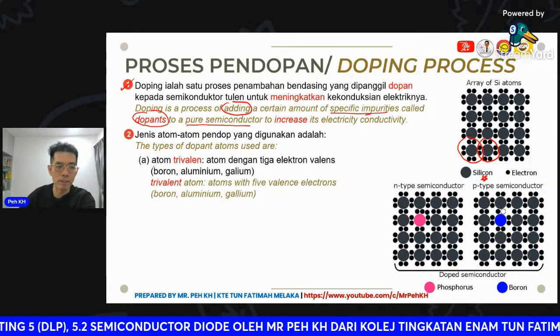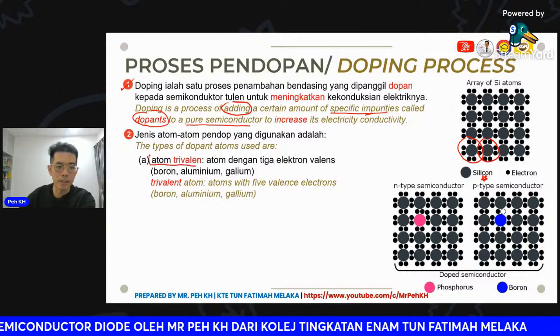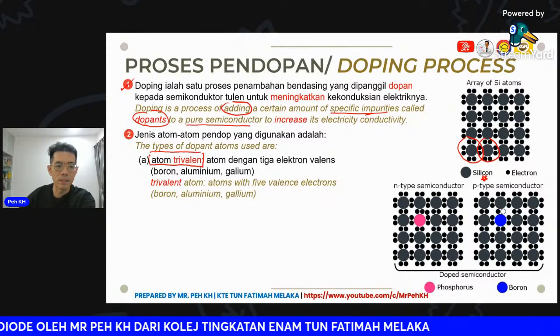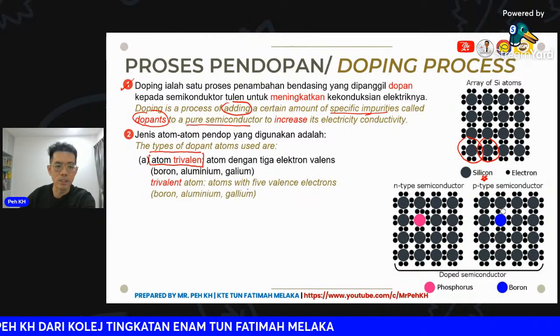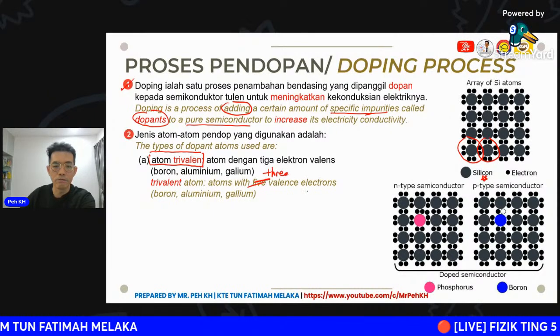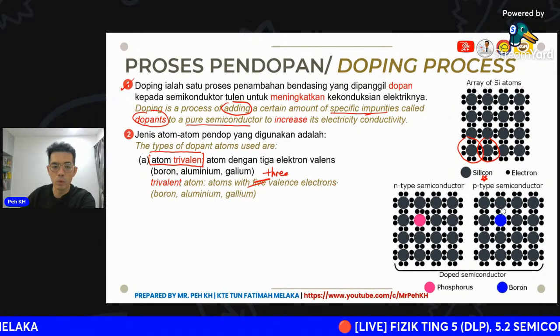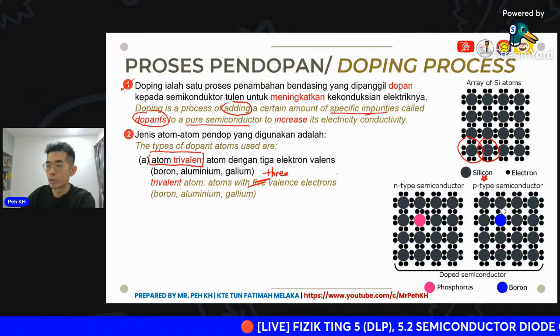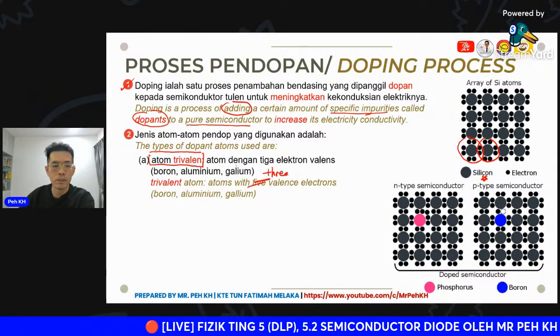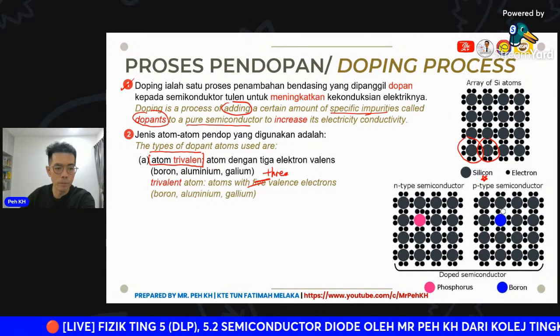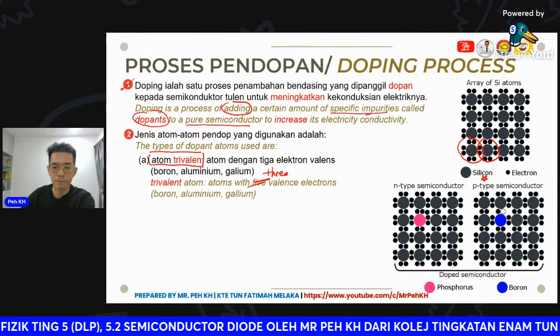So here we have the trivalent atom, where the atom consists of 3 valence electrons. They come from group 13 in the periodic table. So here we have examples of boron, aluminium, and gallium.